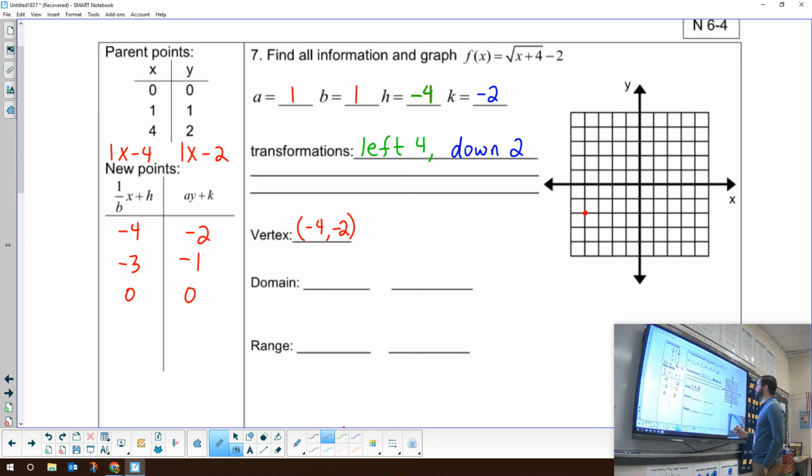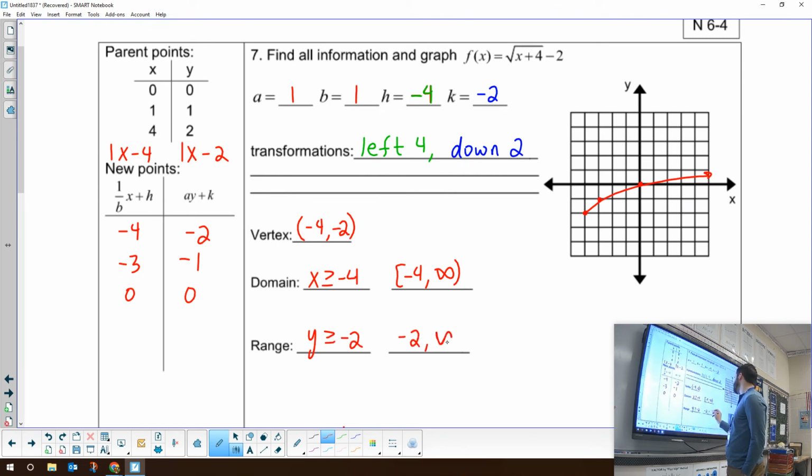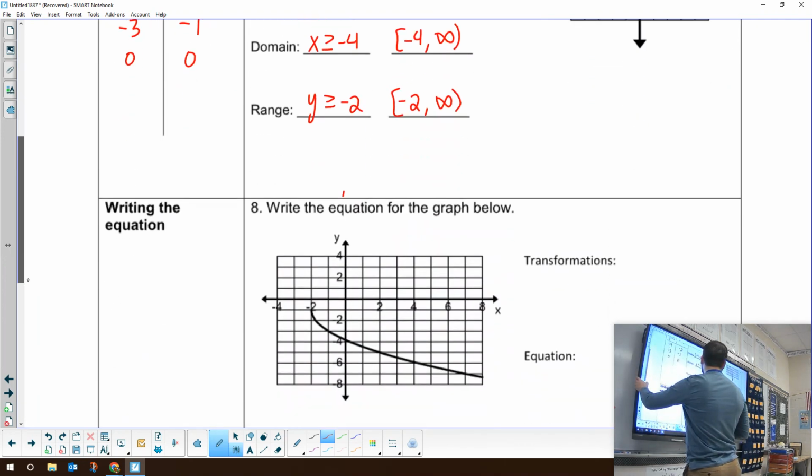So we're going to have a point at negative 3, negative 1, and a point at 0. And you can see where my graph goes. Okay? So my domain is going to be x is greater than or equal to negative 4 or negative 4 to infinity. And my range is going to be y is greater than or equal to negative 2 or negative 2 to infinity.